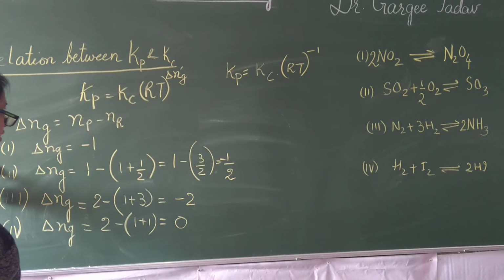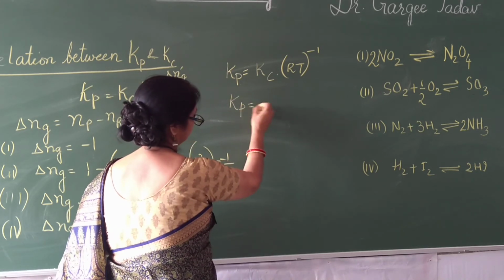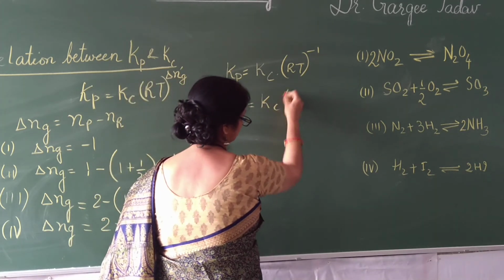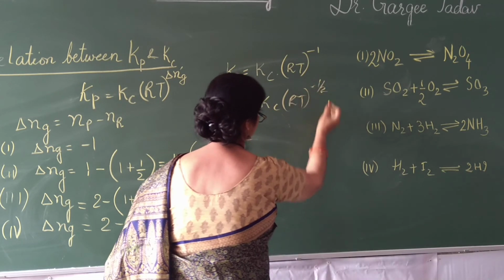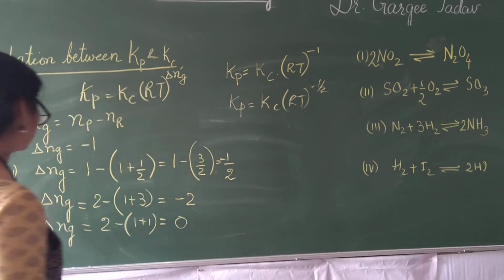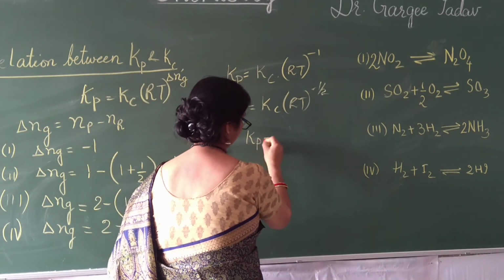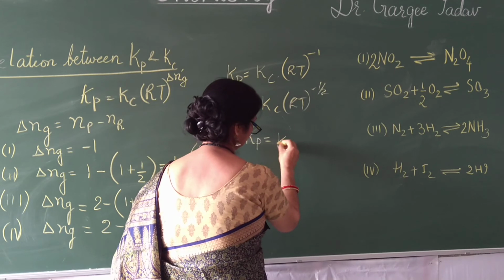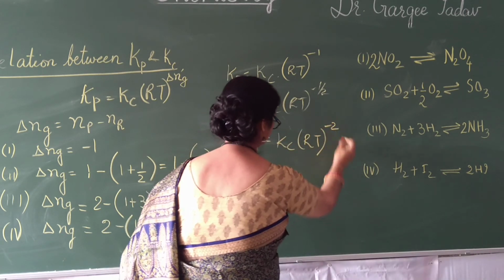For the second relation, Kp will be equal to Kc RT raised to the power minus half. For the third one, it's minus 2, so Kp will be equal to Kc RT raised to the power minus 2.